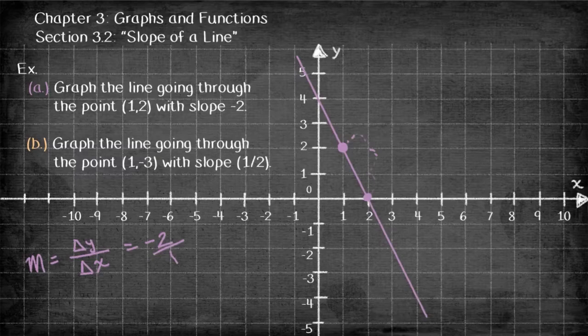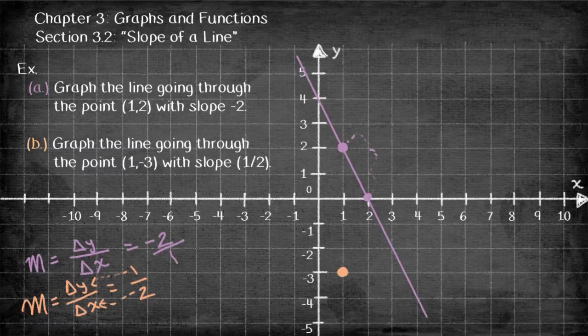Okay, letter B, I'm going to first graph the point 1 comma negative 3. The slope of the orange line here is given as 1 over 2. So when your slope is a fraction, it directly tells you vertical and horizontal changes.